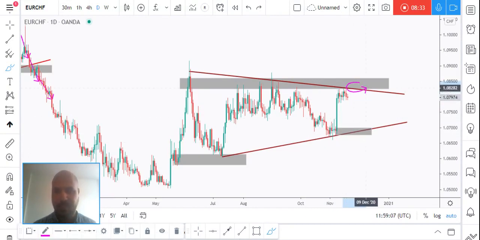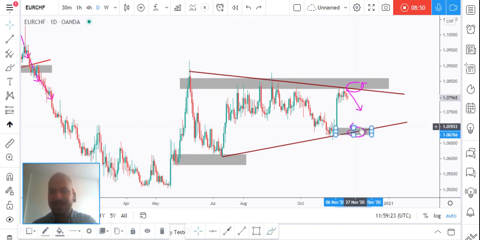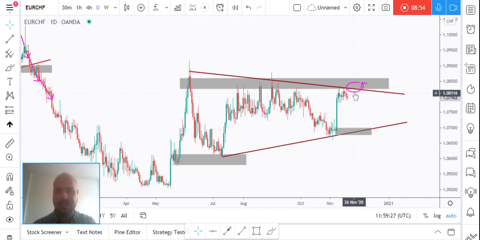So around here, we would have a resistance and this brown trend line. So we'll be looking for sell. And around here, we would have this brown trend line, which acts as a non-horizontal support, and this demand zone. So we'll be looking for buy setups. So as you can see from daily time frame, we already know what to look for.